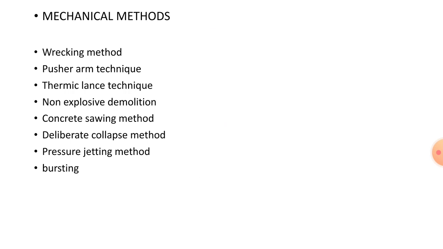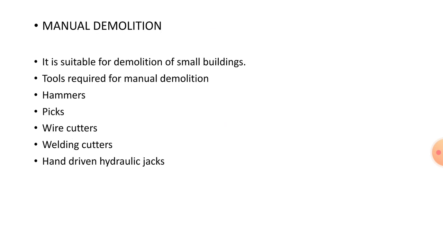These are all the methods that I will discuss in the further lectures. Manual demolition is suitable for demolition of small buildings, as I have said earlier. Tools required for manual demolition are hammer, picks, wire cutters, welding cutters, hand driven hydraulic jacks.